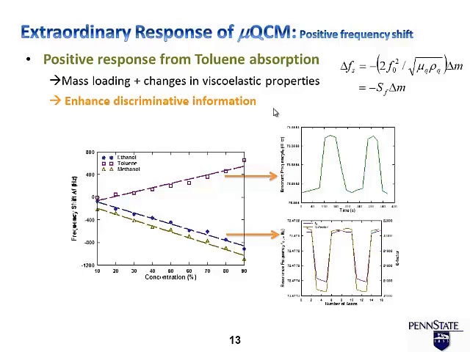And this can only be explained by the fact that the absorption of toluene also causes a significant decrease in the viscosity of the sensing material, which results in the net frequency increase due to the combined influence of density and viscosity of the sensing film functionalized on the sensor.